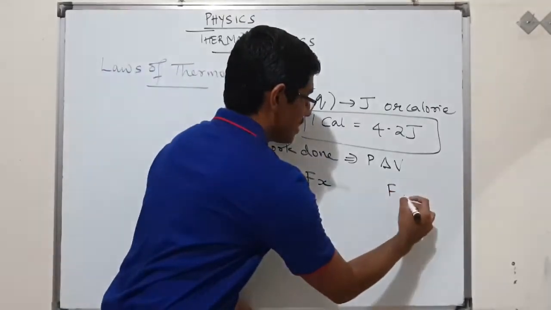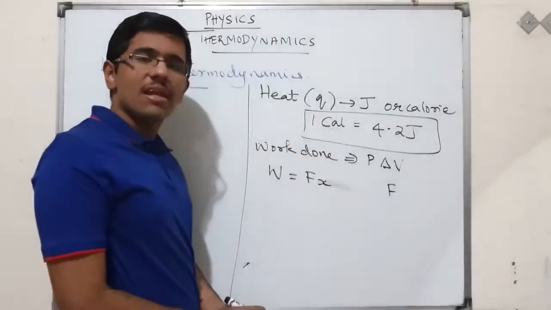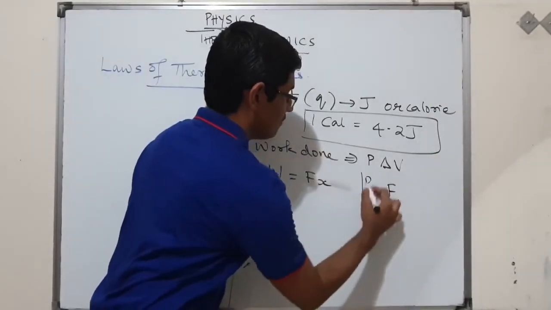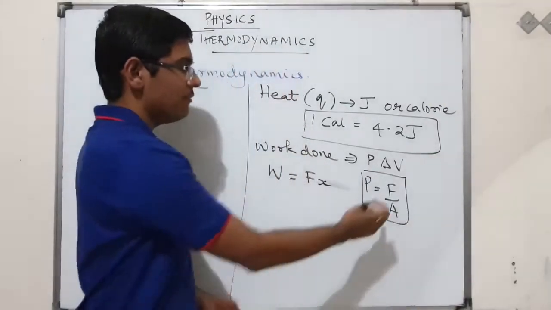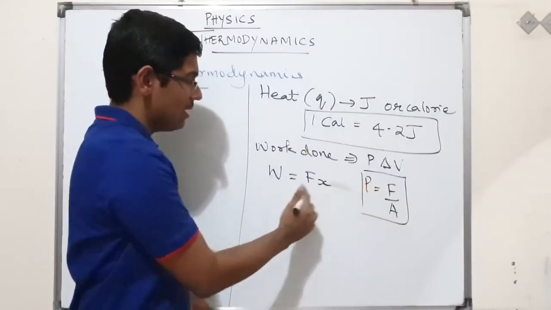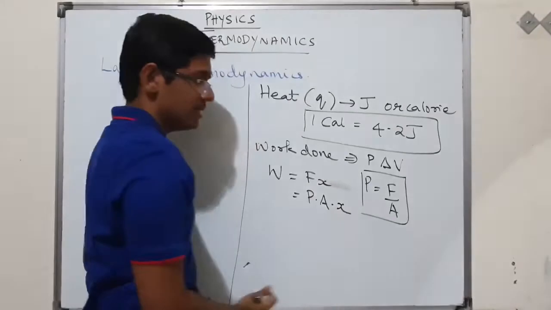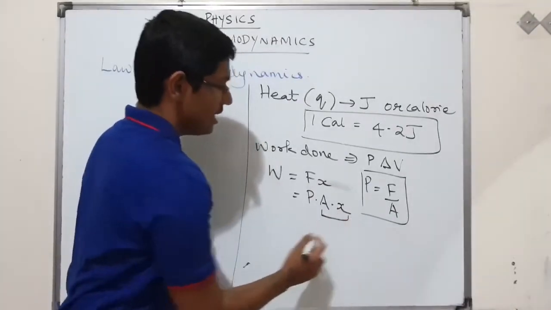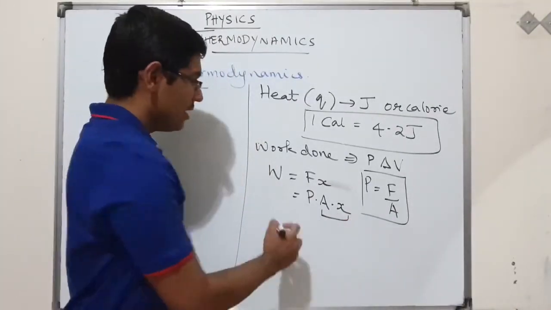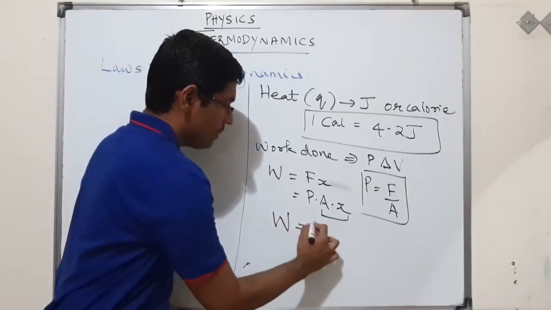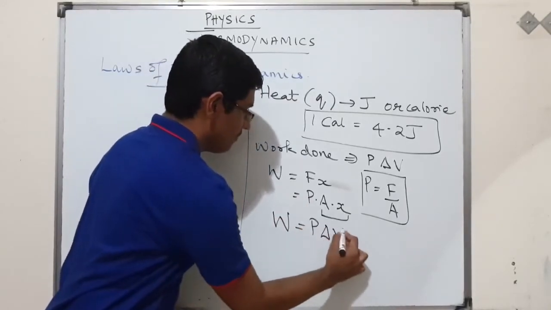How are force and pressure related? Pressure is equal to force per unit area, so I can write force equal to pressure into area. So it is actually pressure into area into distance. What is area into distance? Area into distance is volume. If there is a change in volume, then W equals pressure into the change in volume.